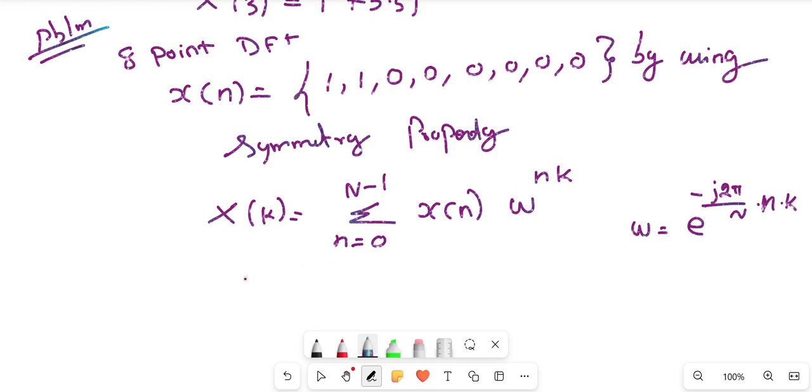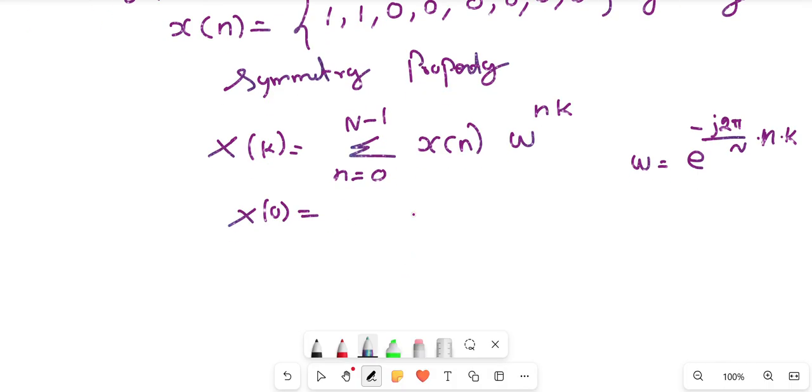So x of 0 will be, the first term will be x of 0 plus x of 1 plus up to x of 7.